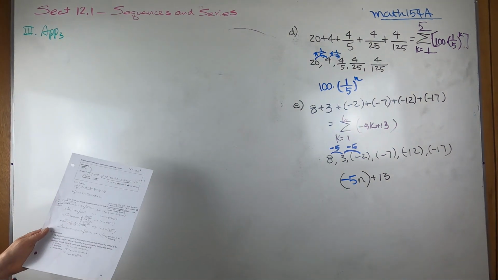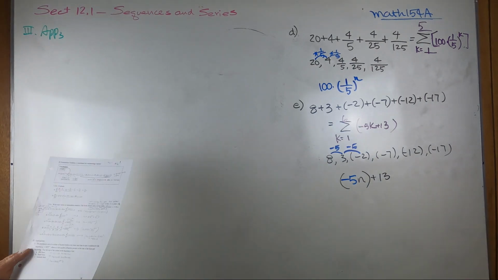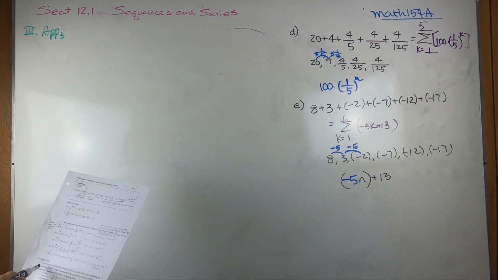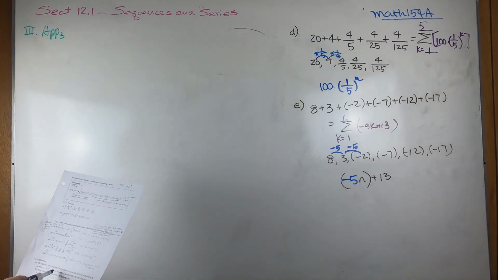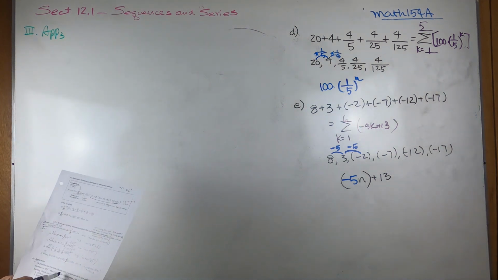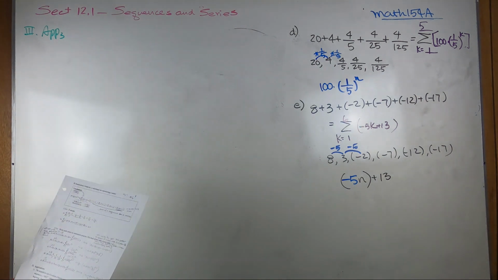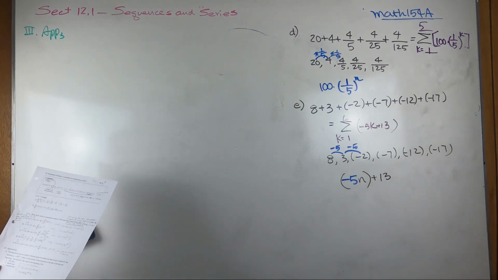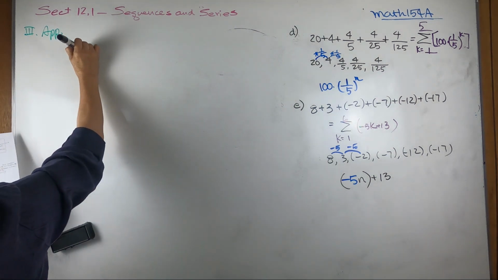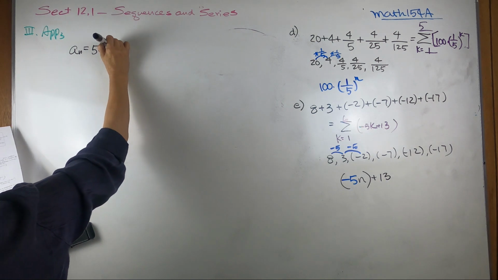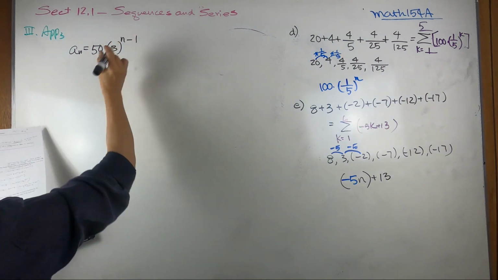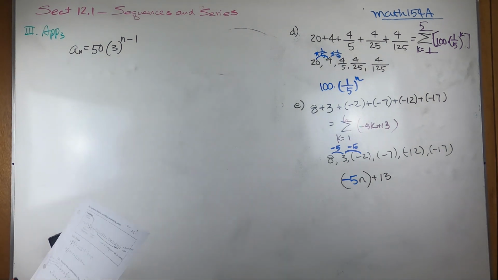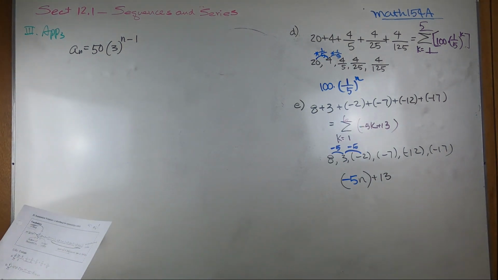On your page 56, at the bottom, first one, it says the population size of a culture of bacteria triples every hour, such that its size is modeled by the sequence a_n equals 50 times 3 to the n minus 1, where n is the number of bacteria present at the beginning of the hour.